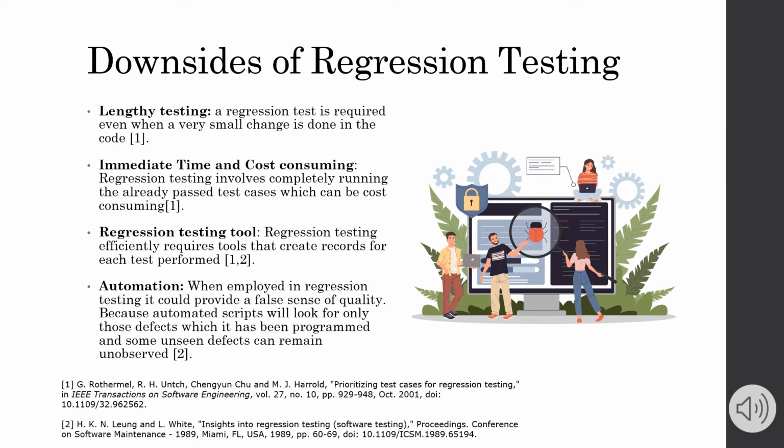So having automation tools can have a positive impact, but if these automation tools don't consider most of the cases, it is likely that they will miss some of the important quality measures.